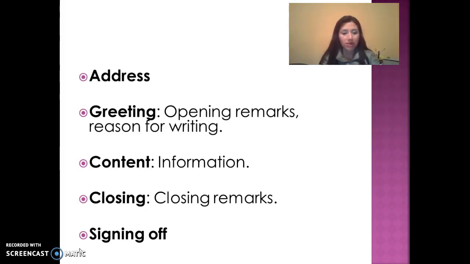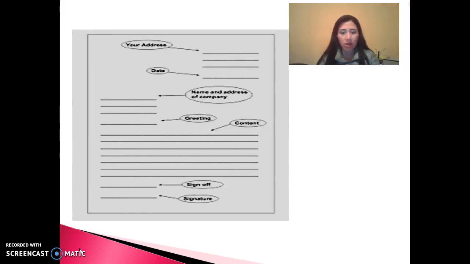When we see a formal letter template, we need to distribute all the 5 aspects in this way. This is a basic template. Now let's see what information and how you need to put in the letter.